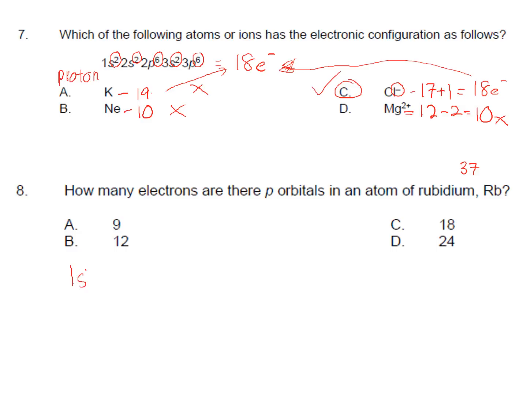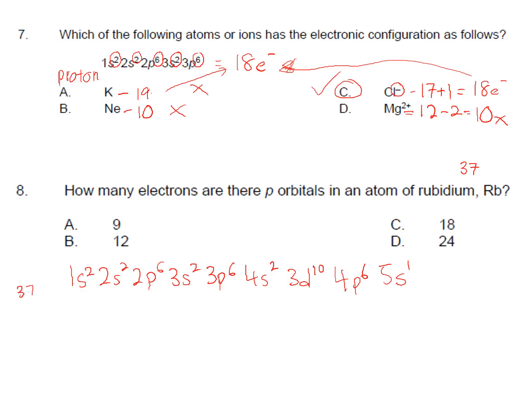So 1s2, 2s2, 2p6, 3s2, 3p6, so this one is 18. Then 4s2, 20, 3d10, 30, 4p6, 36, and then 5s1. So this is the SPDF notation for rubidium.